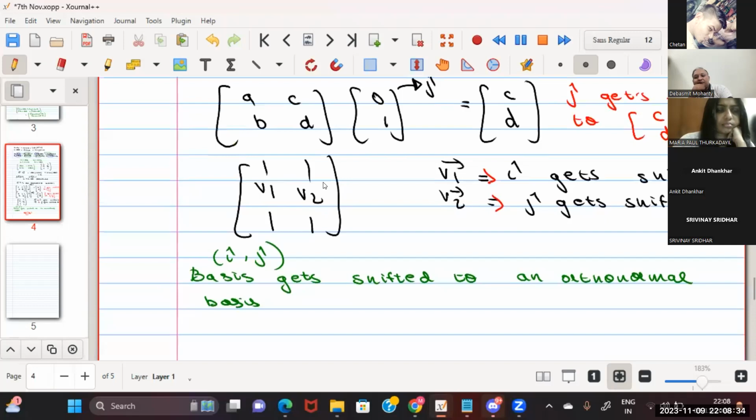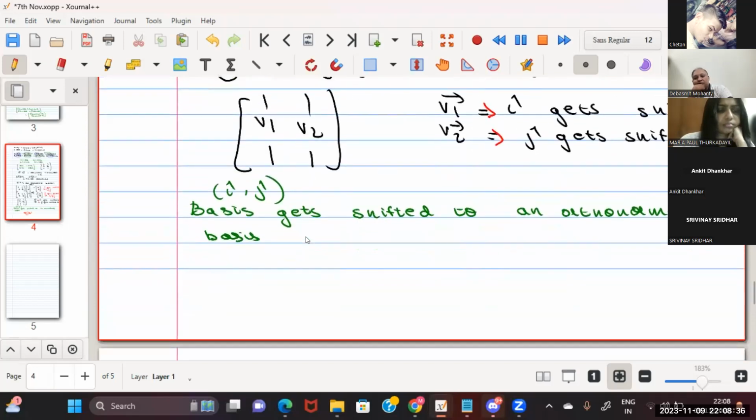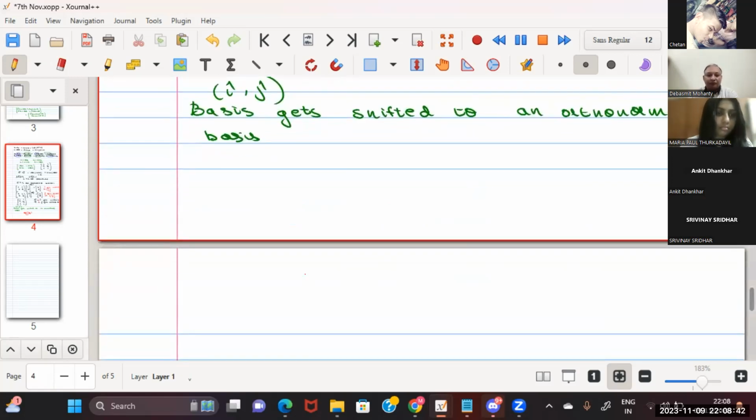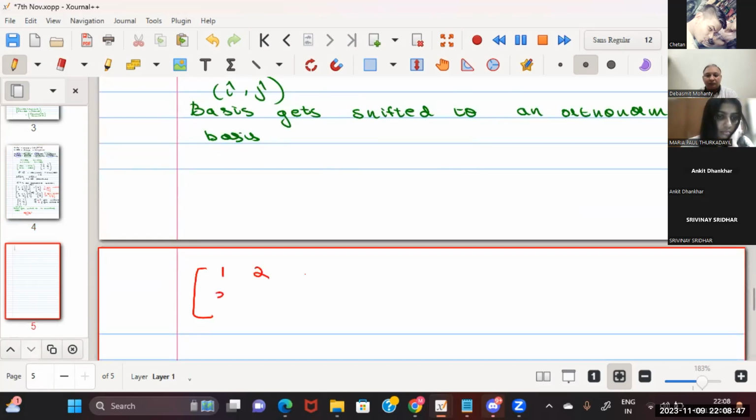Yeah, I understand that, but okay, Maria, can I just ask a question? Can you just write a square matrix on the next page? When I decompose this square matrix, I will have a Q, which is an orthonormal basis, and we know we apply Q first.